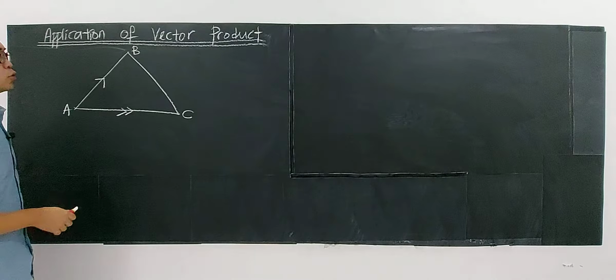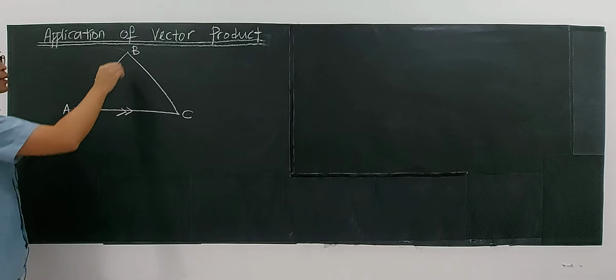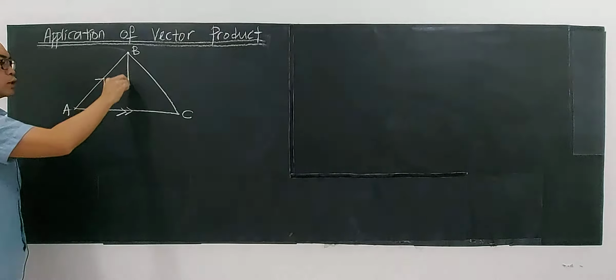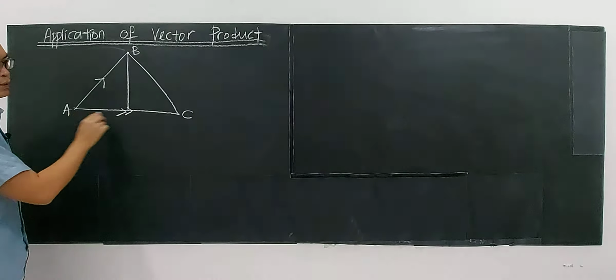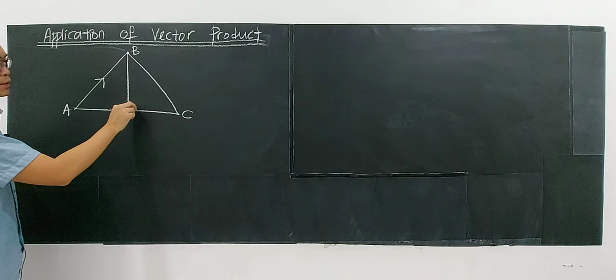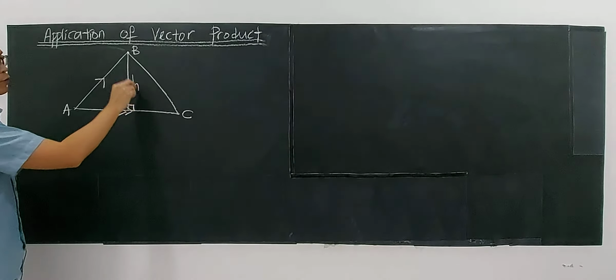As you know, for the area of a triangle, let's say I draw from B to the base AC. So you have a height of the triangle.